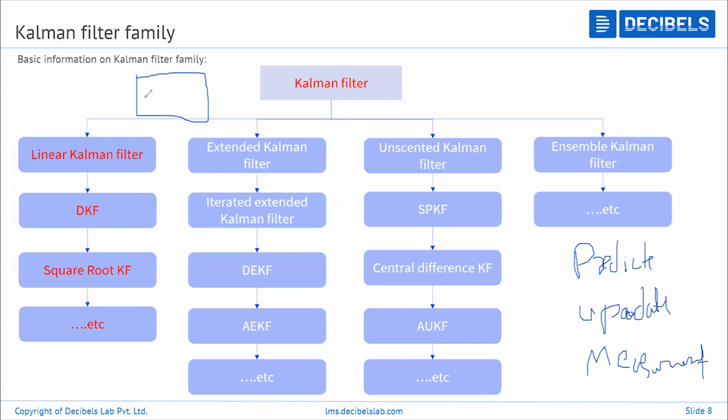Based on that, we apply the linear Kalman filter. When the system is non-linear, we can make use of the extended Kalman filter and the unscented Kalman filter. Apart from this, we have also seen the adaptive EKF.